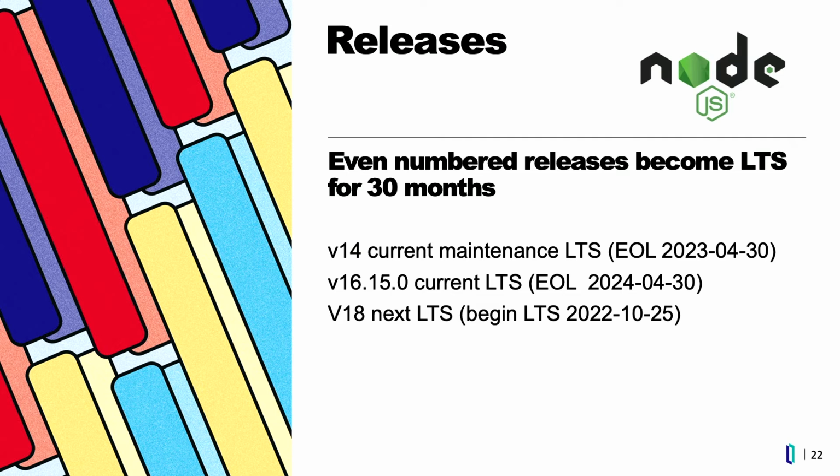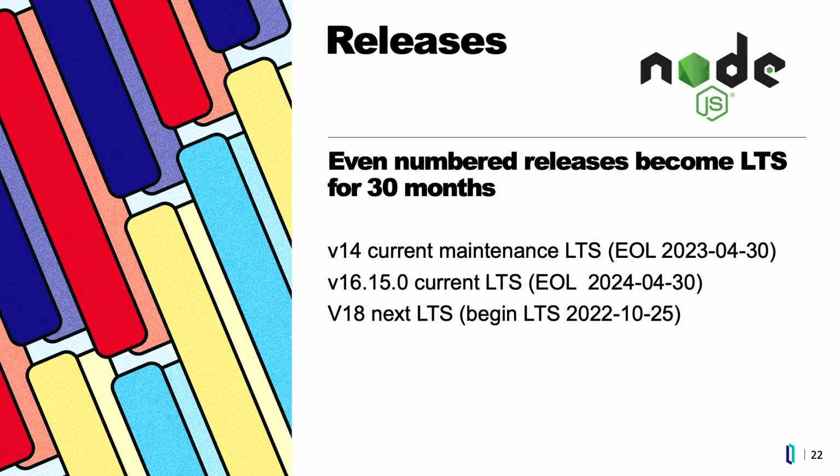It's basically on release cadence, where every even numbered release becomes the LTS. It's a little bit more complicated because even numbered releases go into the current release for the first 6 months. And after the 6 months, they become the LTS.